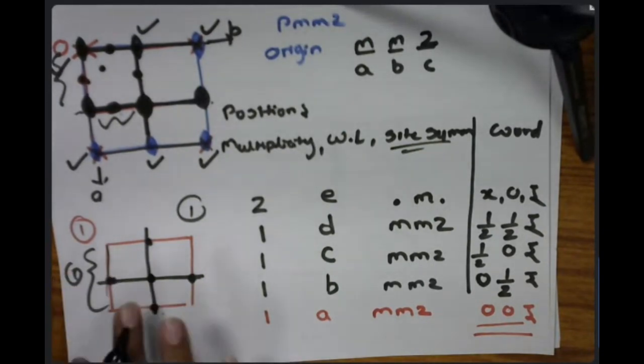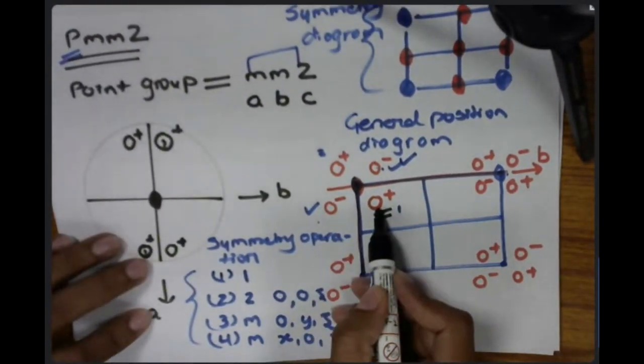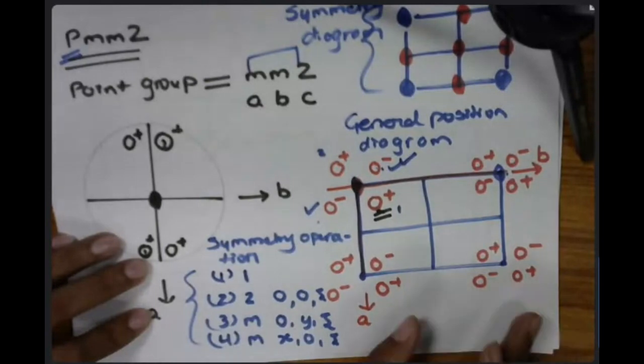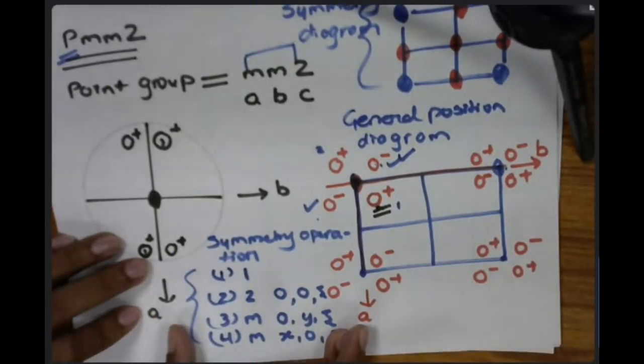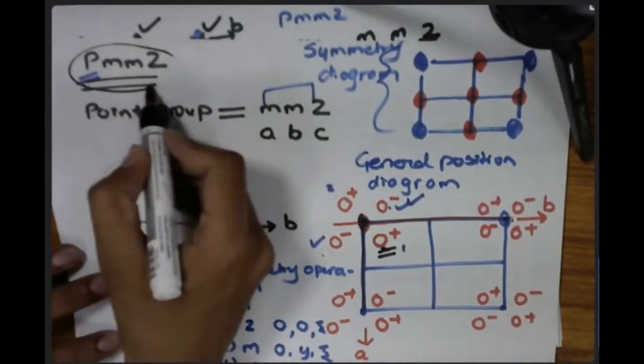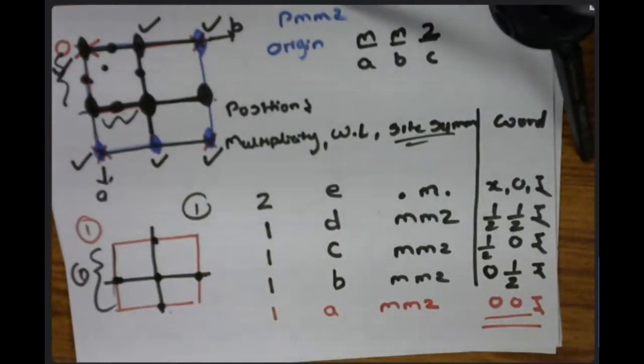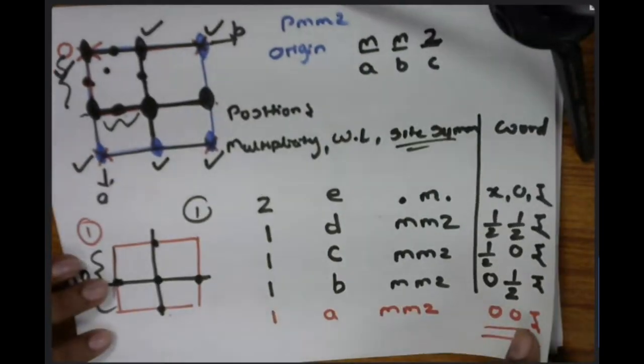And we know from here that the general position is going to produce 4 points with this particular symmetry operation. Okay. And that's how one can start proceeding from here. Just by knowing the space group, one can draw the entire part.